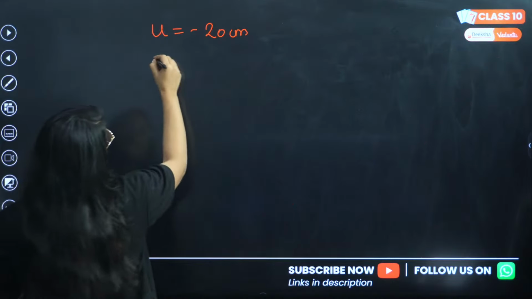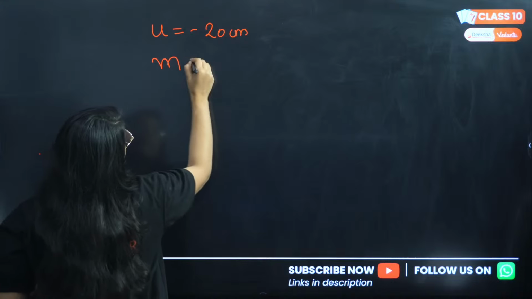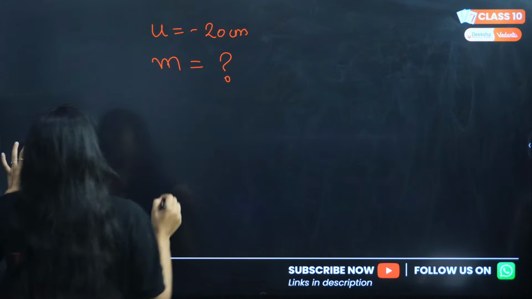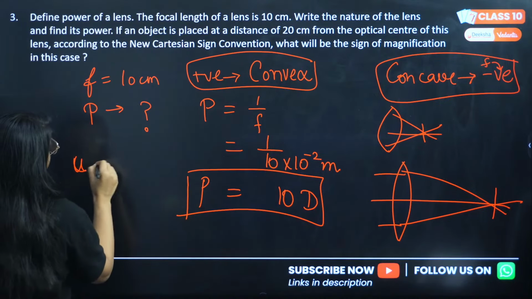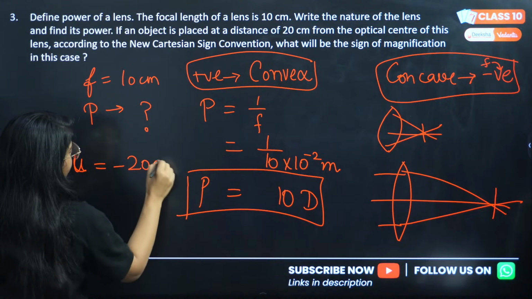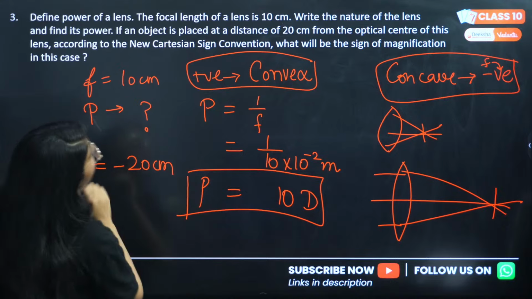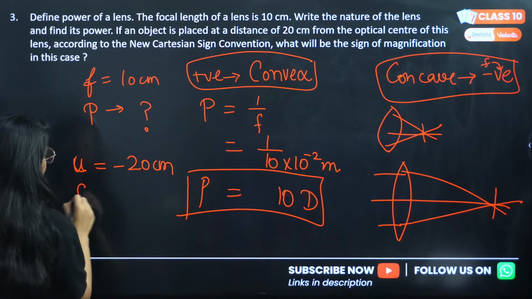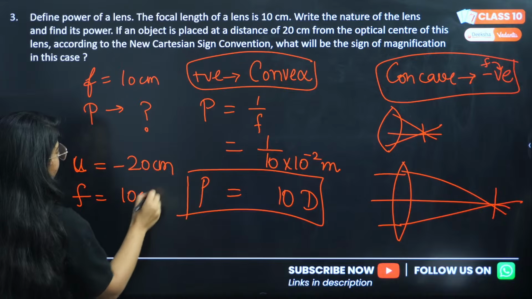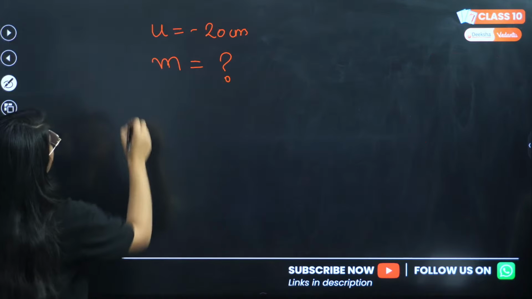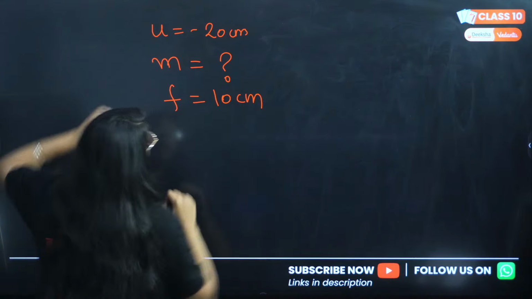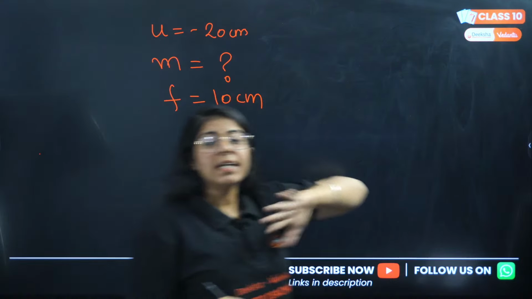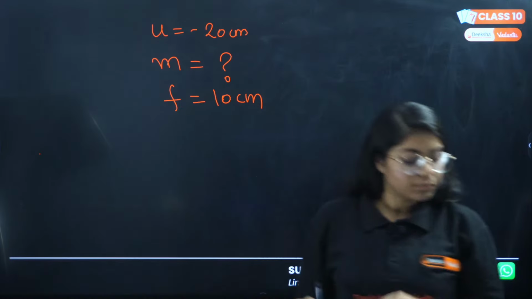We need to find the sign of magnification. u is minus 20 centimeter. My focal length is given as 10 centimeter. Now, you can again find the value of v, or you can be a little bit clever.